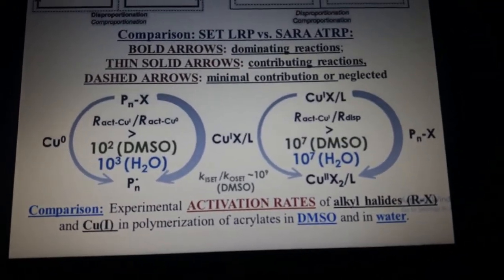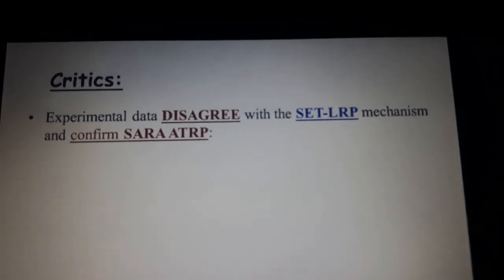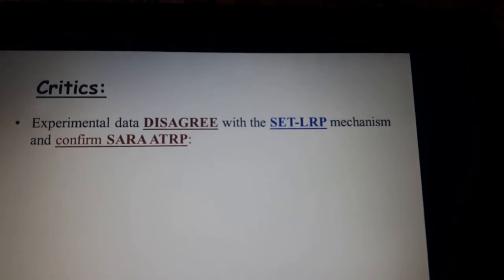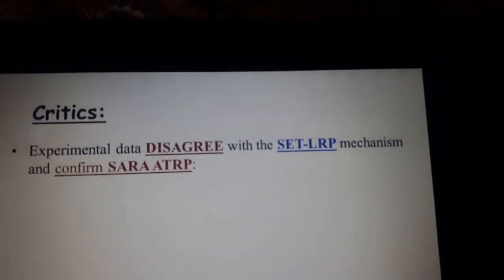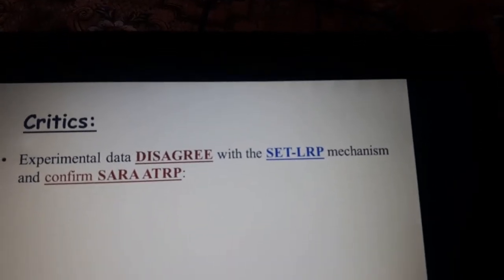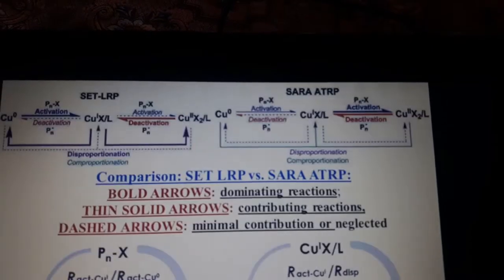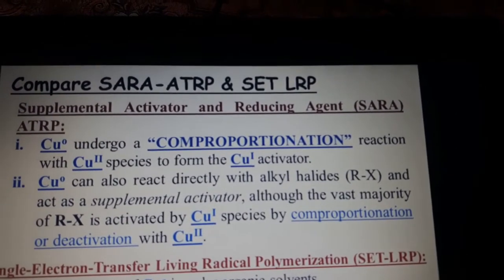Now this is just a very conclusive remark. Critically, experimental data disagree with single electron transfer living radical polymerization and confirm that the mechanism, that is, supplemental activator and reducing agent ATRP, is confirmed.